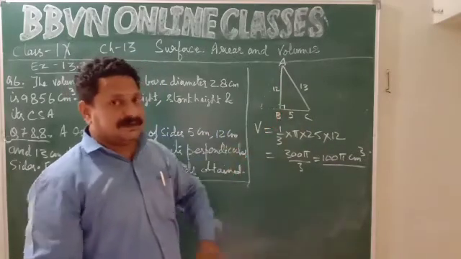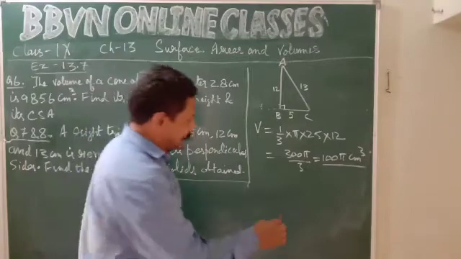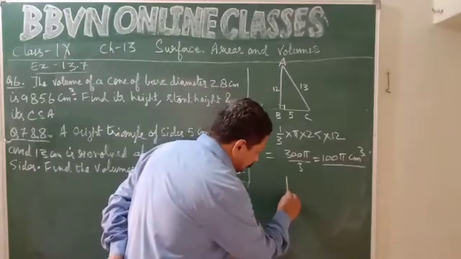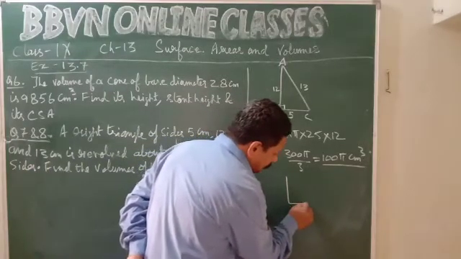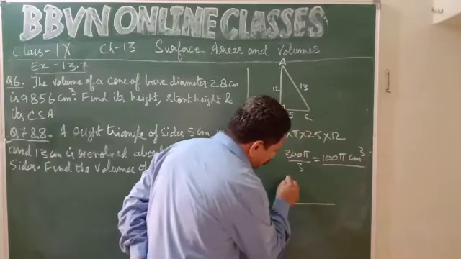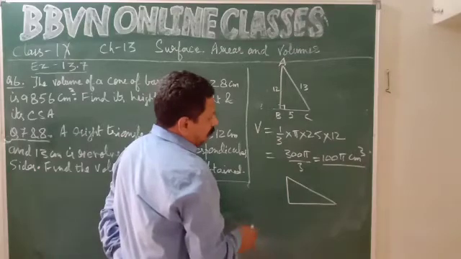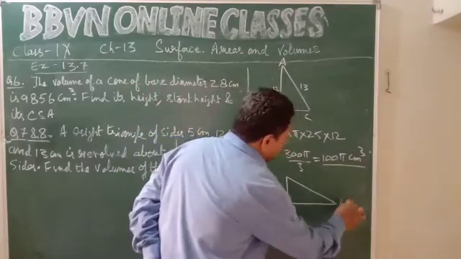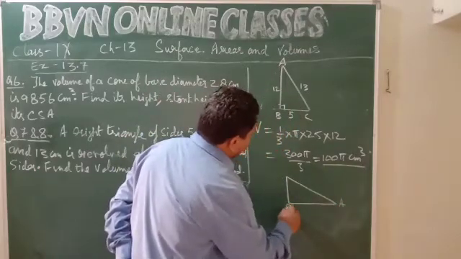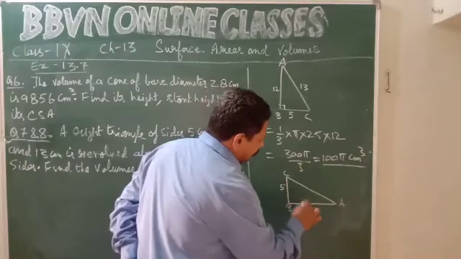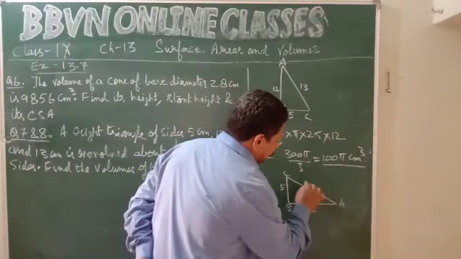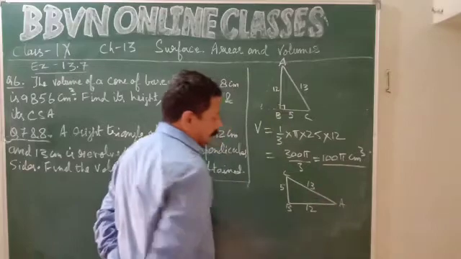अब इसी को थोड़ा चेंज कर देते हैं, इसका ओरिएंटेशन चेंज कर देते हैं. Okay, got it? So this becomes A. Now this is B and this is C. ये 5 centimeters, ये 12 centimeters, ये slant height L हो गई 13 centimeters.